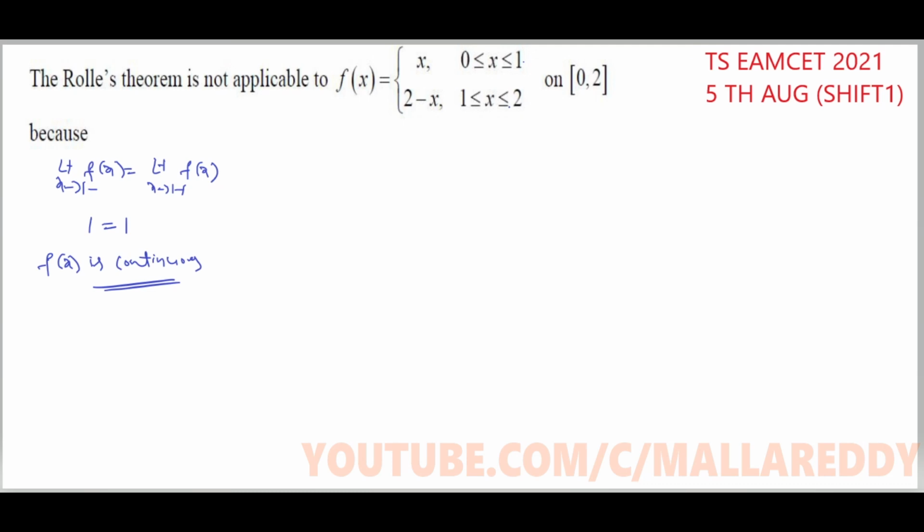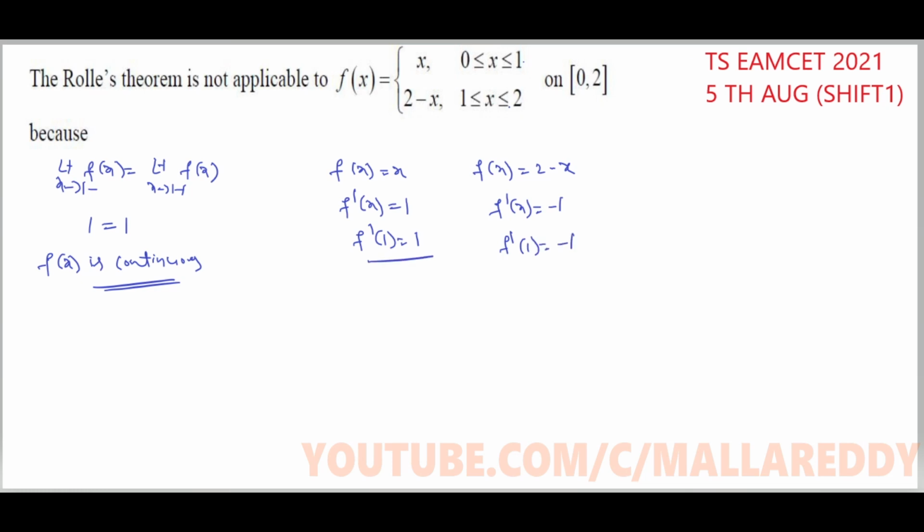And check whether it is differentiable or not. That is, f(x) = x, now the derivative f'(x) = 1, that is f'(1) = 1. For the second function f(x) = 2 − x, f'(x) = −1, so f'(1) = −1.